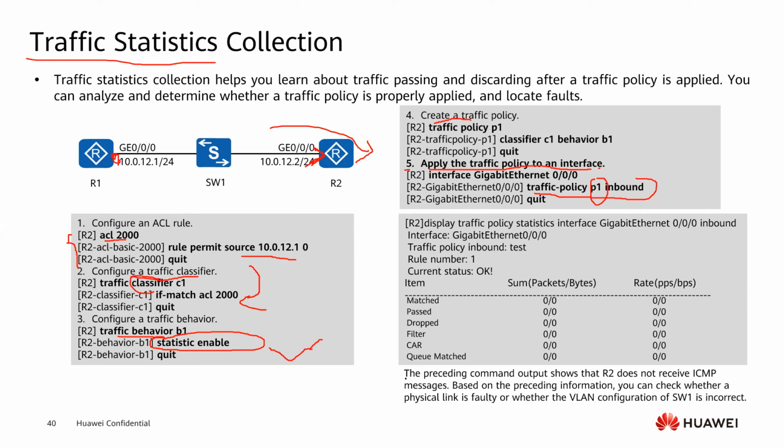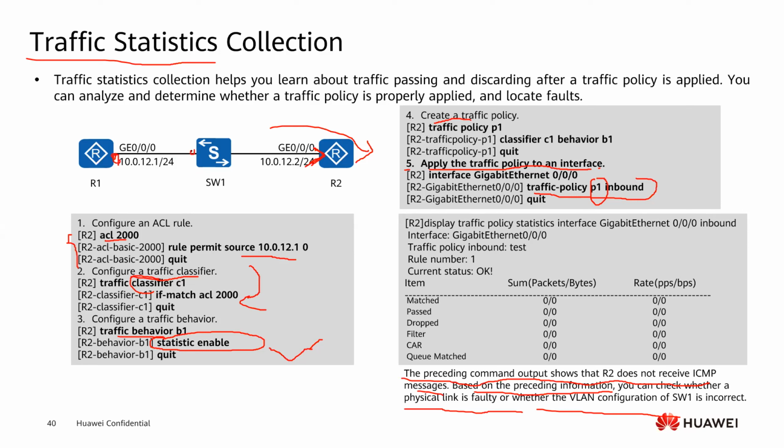Okay, here the preceding command output shows that R2 doesn't receive the SNMP message. Based on the preceding information, you can check whether a link is faulty, or whether the VLAN configuration of SW1 is incorrect.